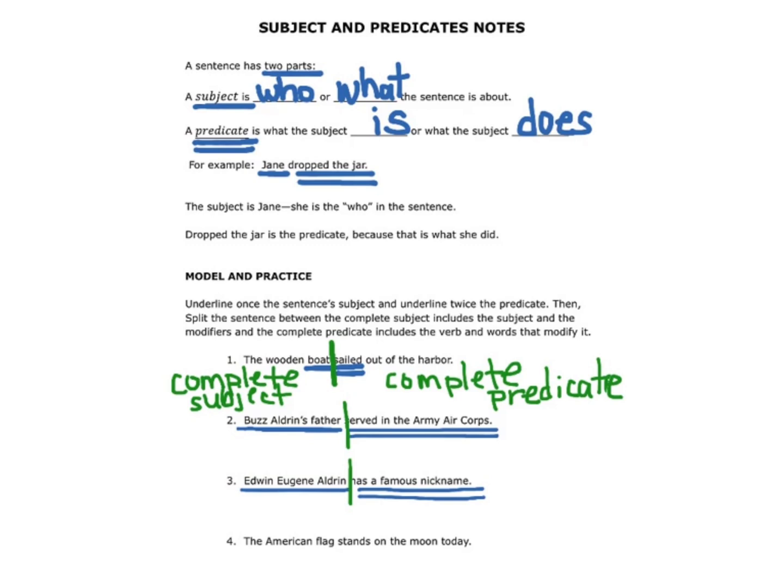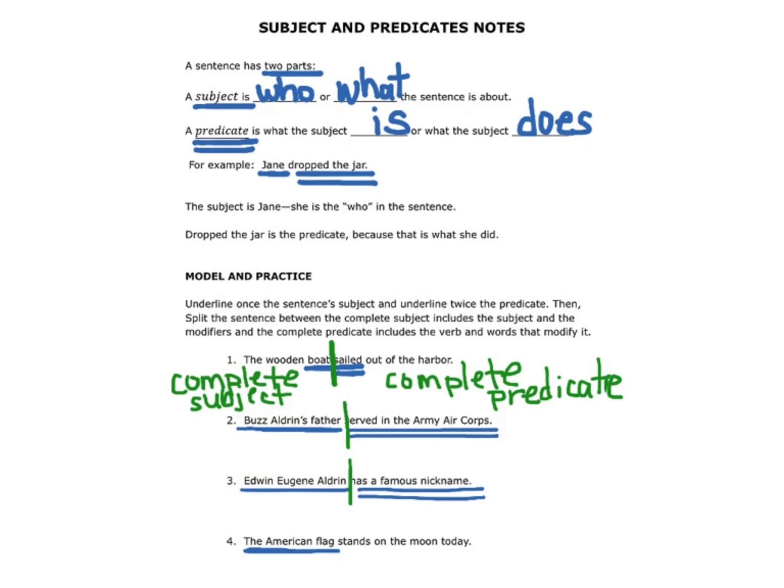Let's try number 4. The American flag stands on the moon today. You're going to underline once for the complete subject, underline twice for the complete predicate, and then go ahead and draw a line splitting the 2. Did you underline the American flag once as the who or what?